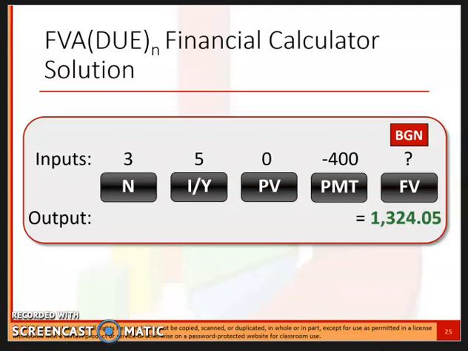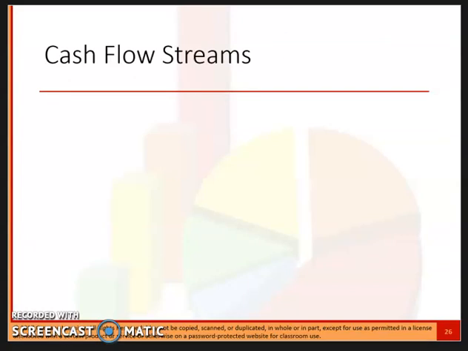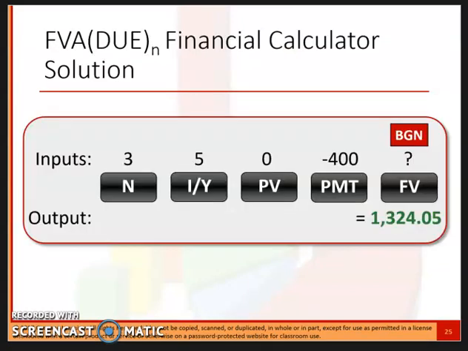Okay, to do this calculation, we have to switch the calculator to begin mode. That's for payments that are due payments. And how do we do that? We go second.